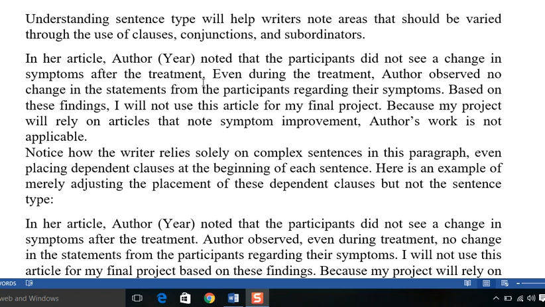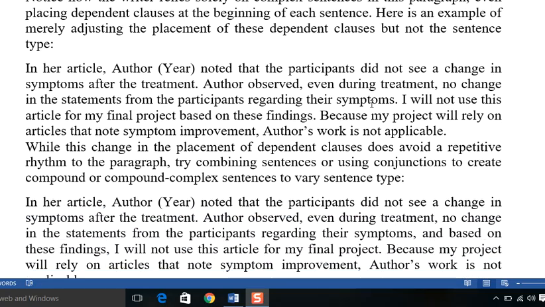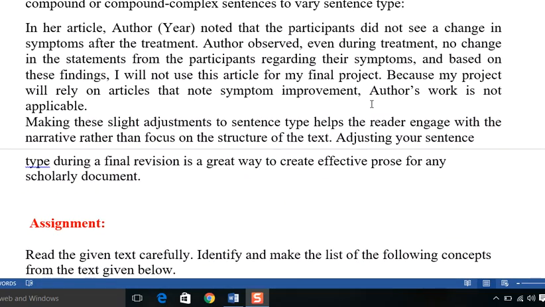You see it, a simple sentence. Even during the treatment, the author observed no change in the statements from the participants regarding their symptoms. I mean, they are simple sentences. Here is an example of complex sentences. Fine. And if you read on, you will find all the types of sentences.